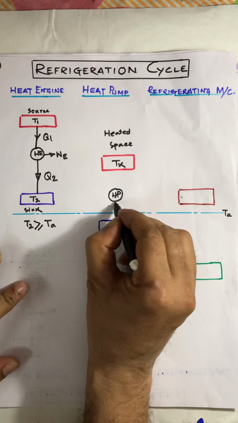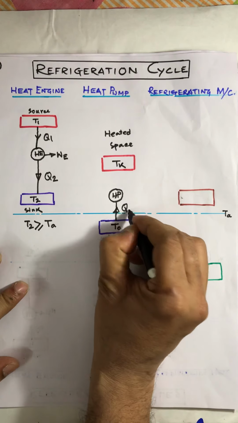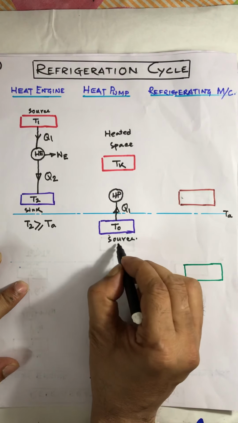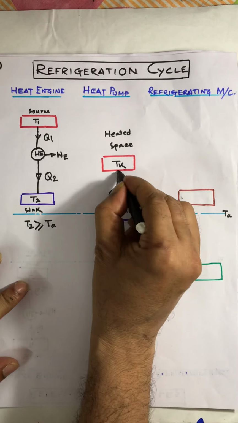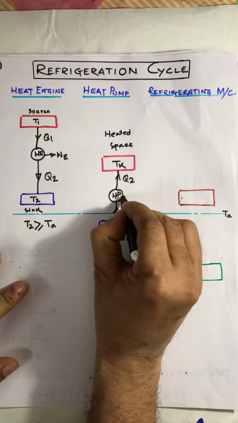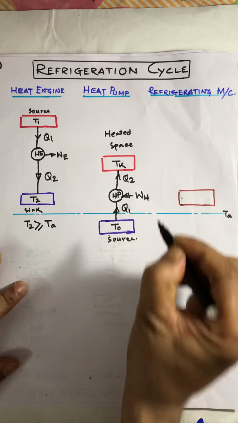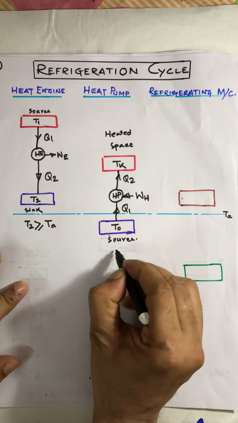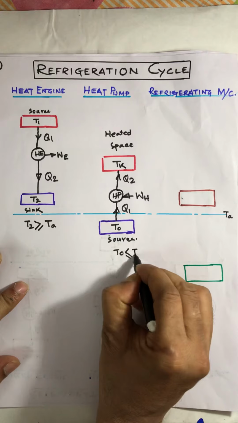Say Q1 amount of heat will be extracted from the lower temperature body and Q2 amount of heat will be supplied to the heated space, and that is why WH amount of work we have to invest in the system, and for that case T naught is less than or equal to TA.